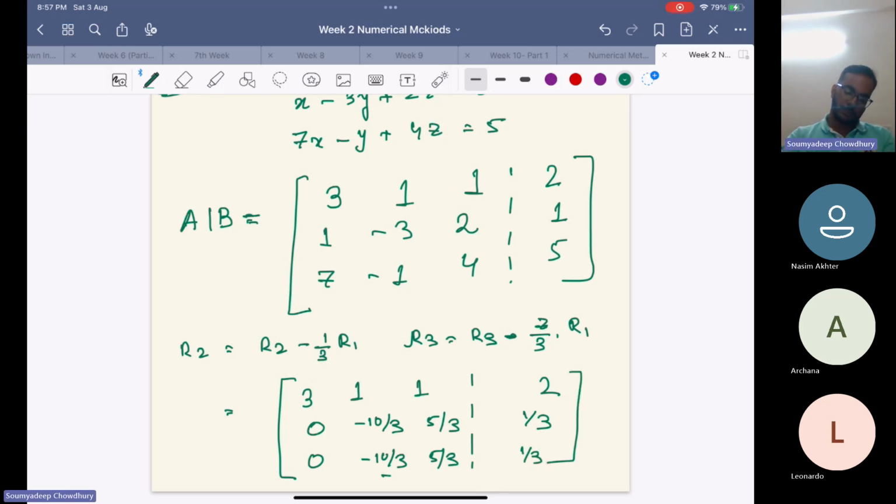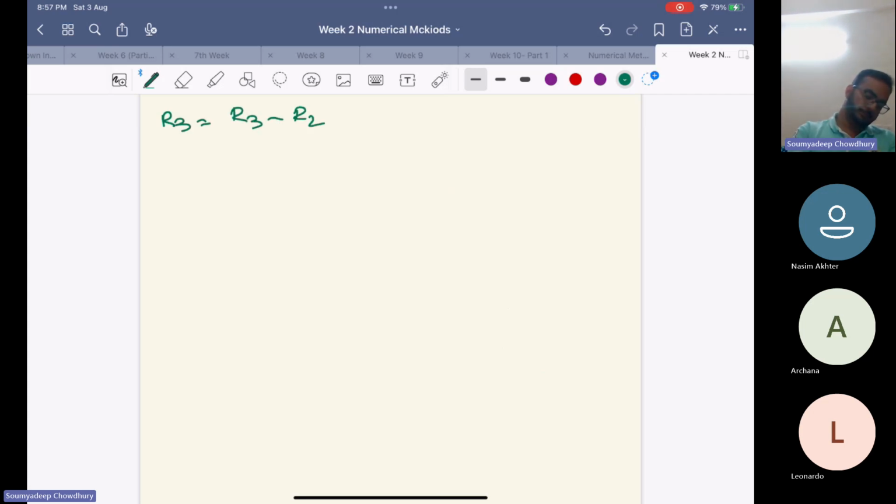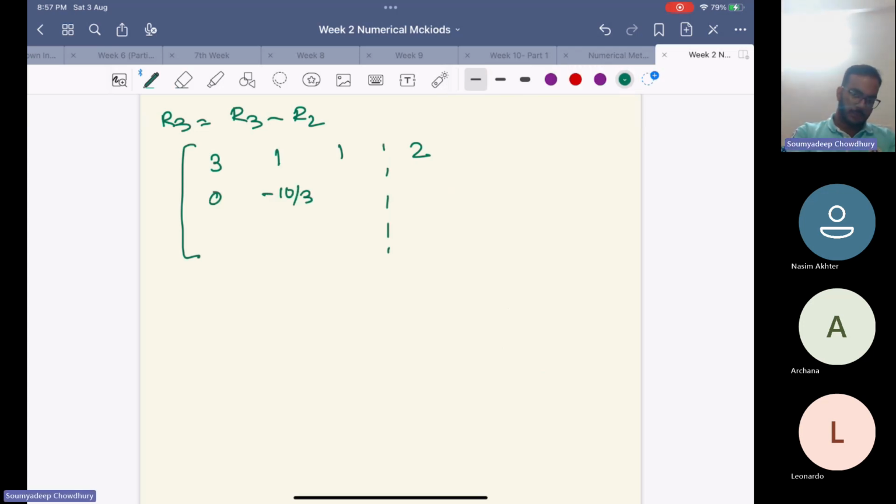So this one we have to make it 0 now, minus 10 by 3, we have to just do R3 equal to R3 minus R2. So you will basically get minus 10 by 3, 5 by 3, 1 by 3, and this one you will have totally 0.